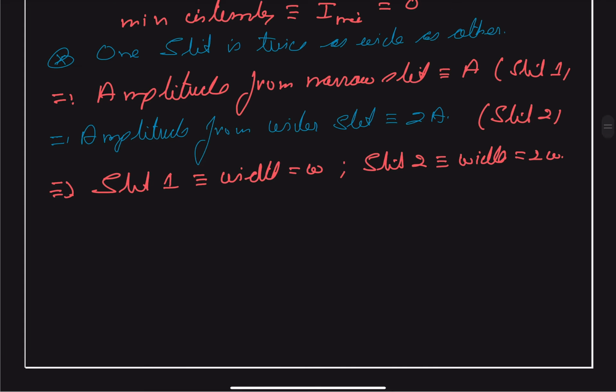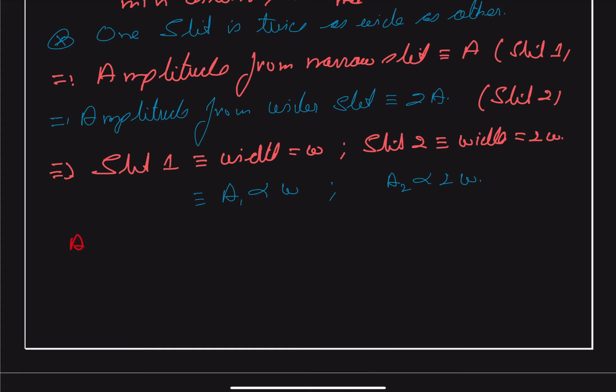Therefore for slit 1, A1 is directly proportional to W, and for slit 2, A2 is directly proportional to 2W. So this gives that A1 will be equal to A, and A2 will be equal to 2A, which we have already written.